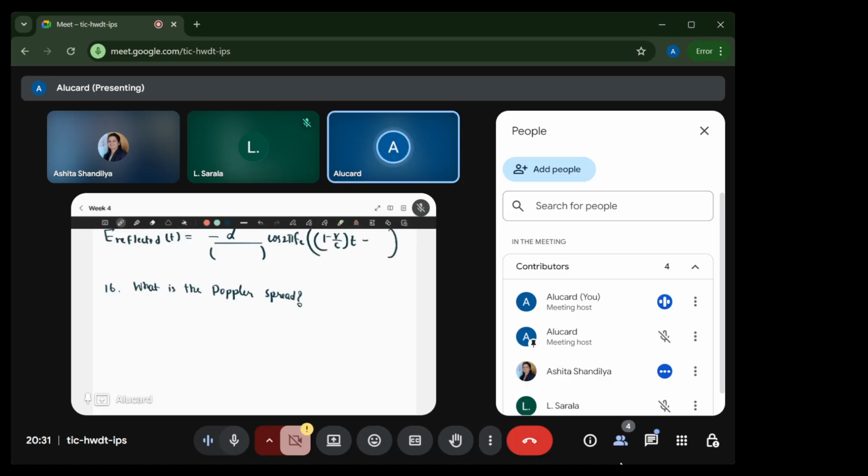And this is actually quite easy. You don't need to do any calculations. It's the difference between the maximum Doppler and minimum Doppler due to multipath. There are only two paths, direct and reflected.